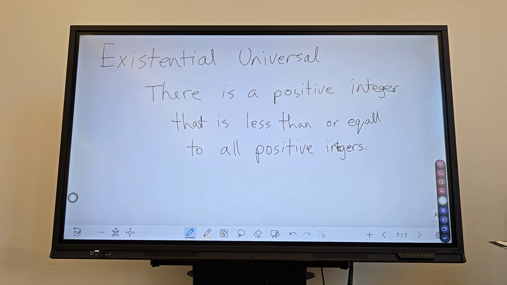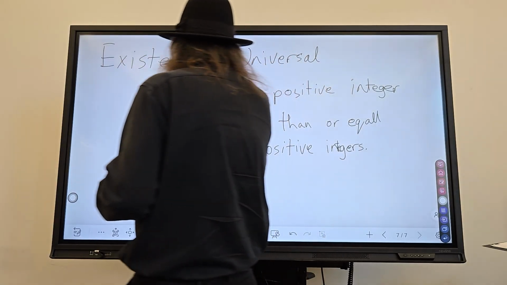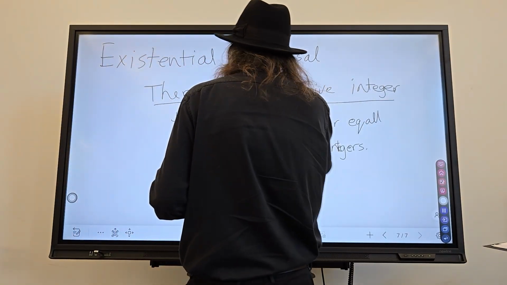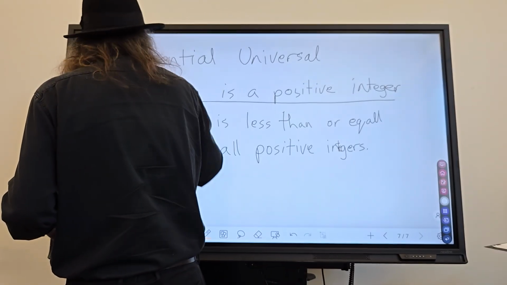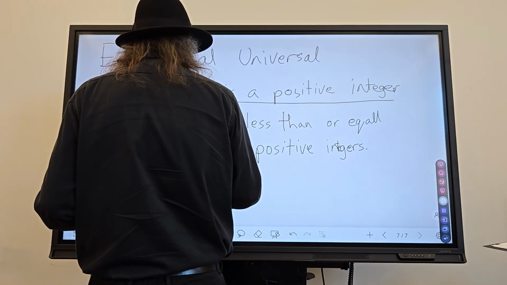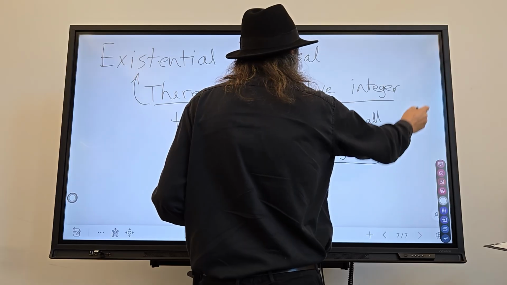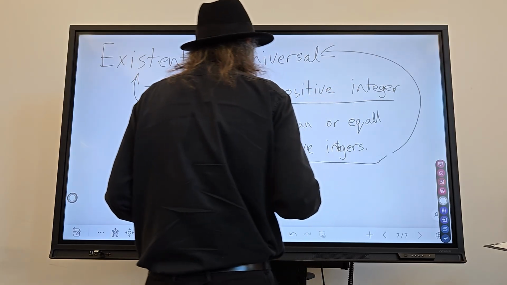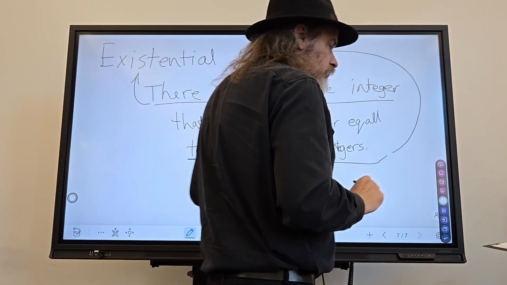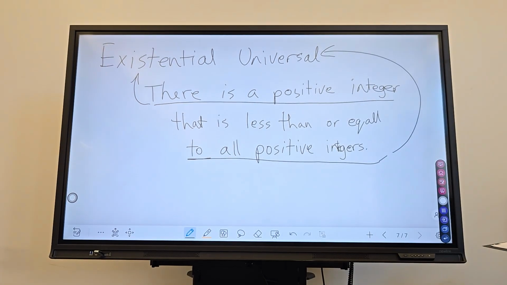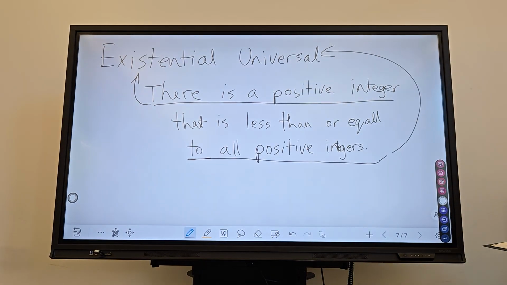So there is a positive integer, makes it existential, and it is less than or equal to all positive integers, makes it universal. The existential part comes first, and then the universal part comes second.